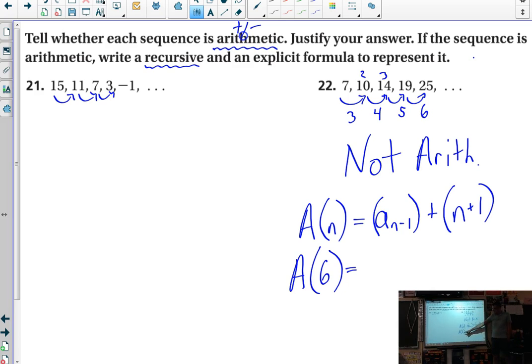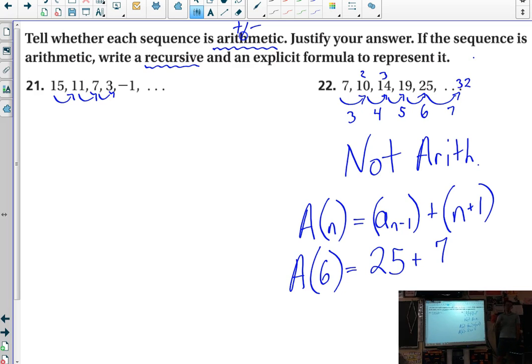To get the 6th term, I use term 6 minus 1, so term 5. Well, what was term 5? Term 5 was 25. Plus the term number, term number 6, plus 1 more, so plus 7. So to get the value of term 6, we take the previous term and add 7, and we would get 32.